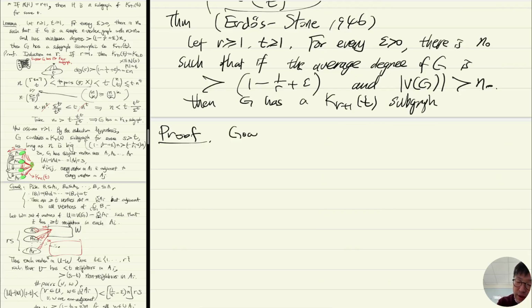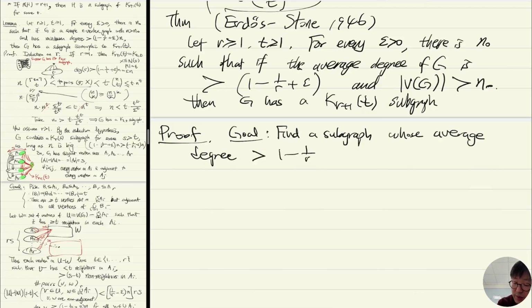The goal is to find a subgraph whose average degree is bigger than 1 minus 1 over R plus epsilon over 2, and the number of vertices is also big. This is what we want.